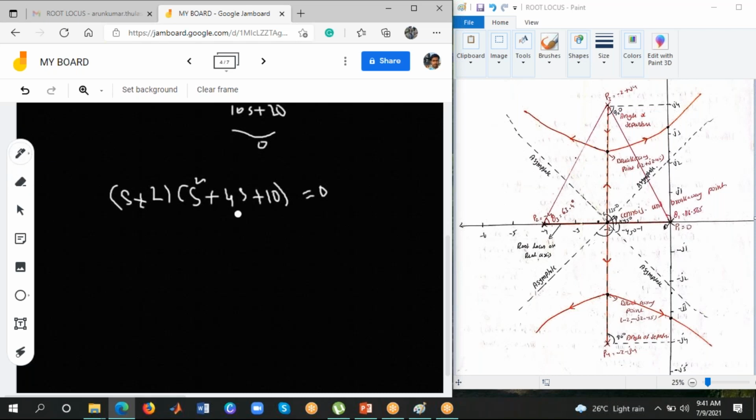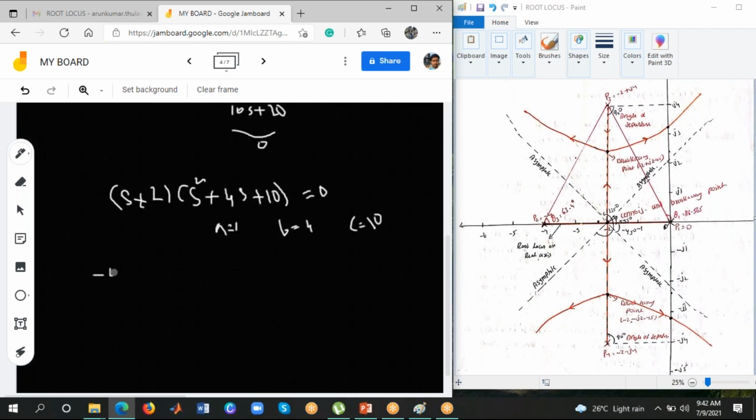Here a equals 1, b equals minus 4, sorry, plus 4, c equals 10. What do we get?